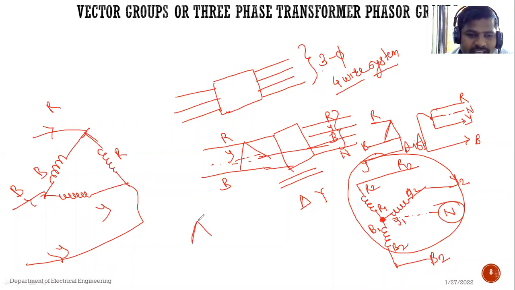Delta to star means, for 3-phase, the primary side is connected in delta, and the secondary side is connected in star. Okay.